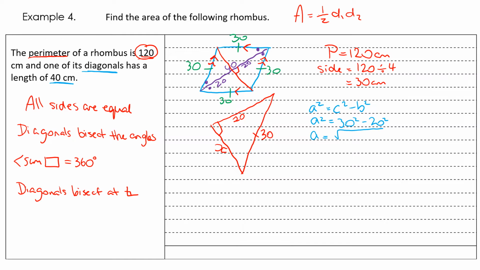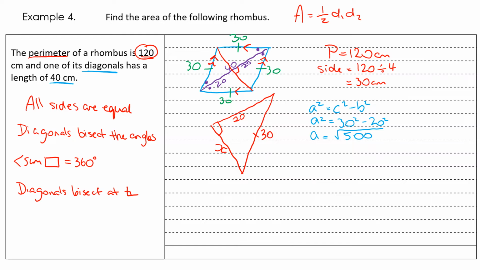which is the square root of, I'm just going to put it in the calculator straight away. 30 squared minus 20 squared is 500. Does 500 go? I don't think it does. No. So we're not going to calculate it or estimate it. We're going to leave it in exact form, which means we're going to leave it without rounding it.